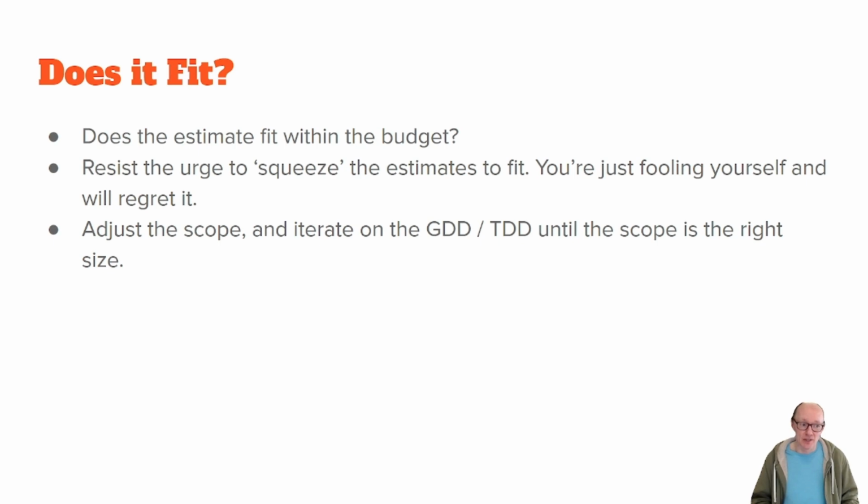So if somebody says it's going to take 10 days to make the main menu, you could go and say, all right, can you get it done in 5? And you could apply pressure. If we can get these estimates to fit within the available time, then we can start on this project and feel like we're going to do it.